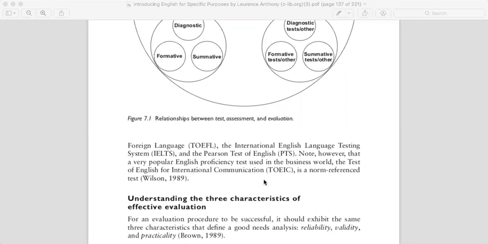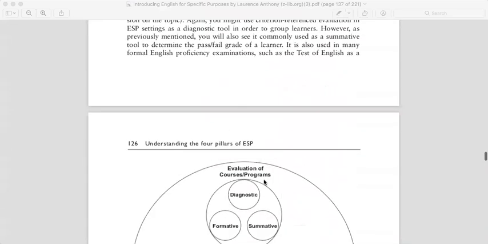Depending on the country you're applying in and depending on the course, the university maybe.